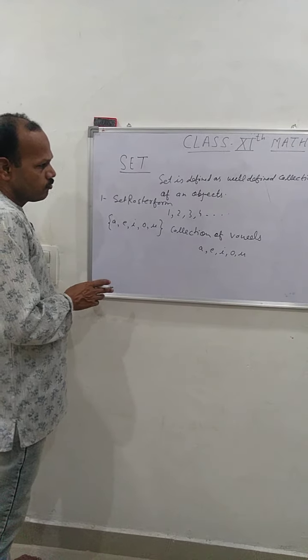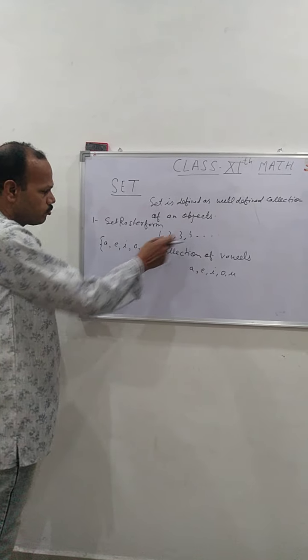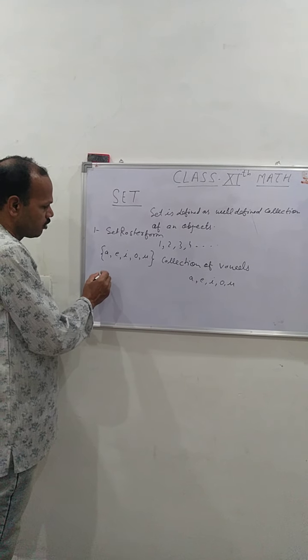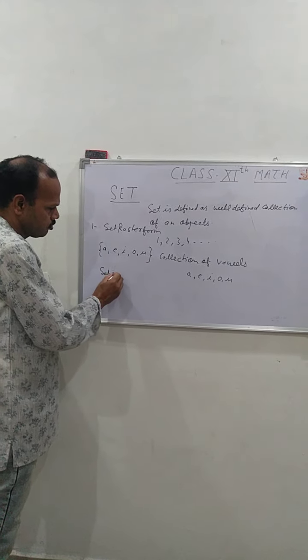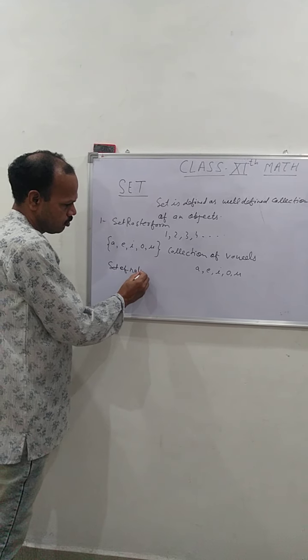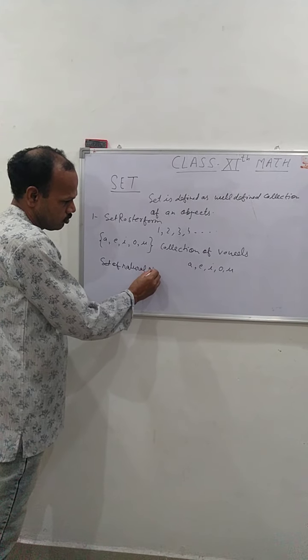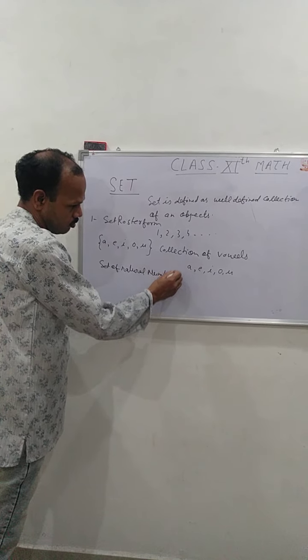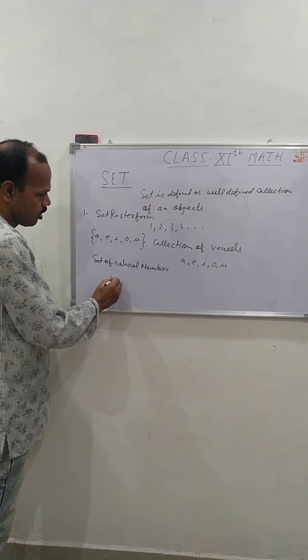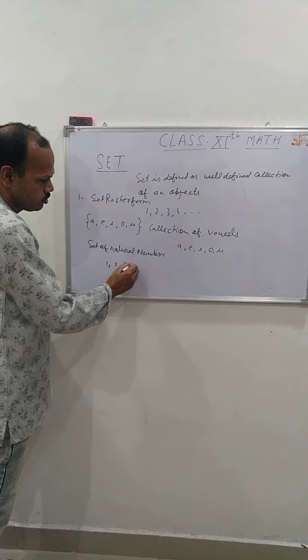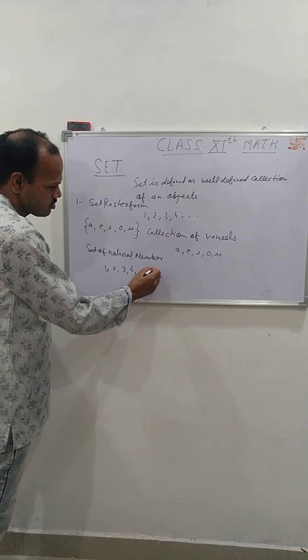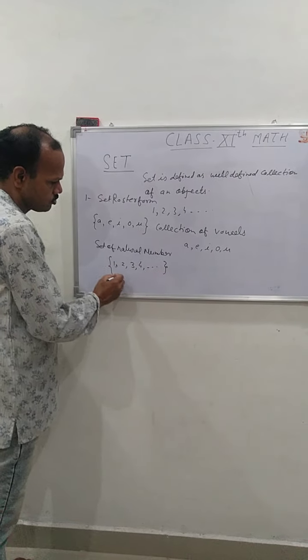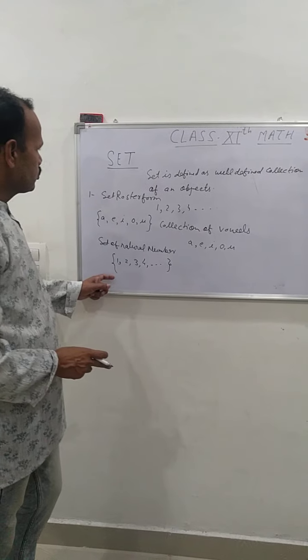Similarly, we can represent the set of natural numbers, that is 1, 2, 3, 4, and so on, inside curly brackets. This is also set roster form.